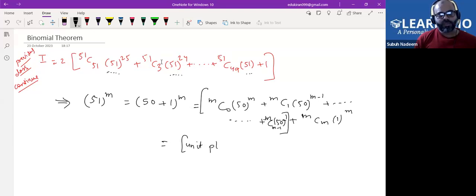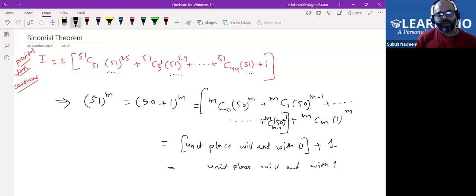So the unit place will end with 0 in this bracket. Plus this last term is mCm, which is 1, and 1 to the power m is also 1. So this is 1. So anything whose unit place is 0, plus 1, will give you a unit place ending with 1.